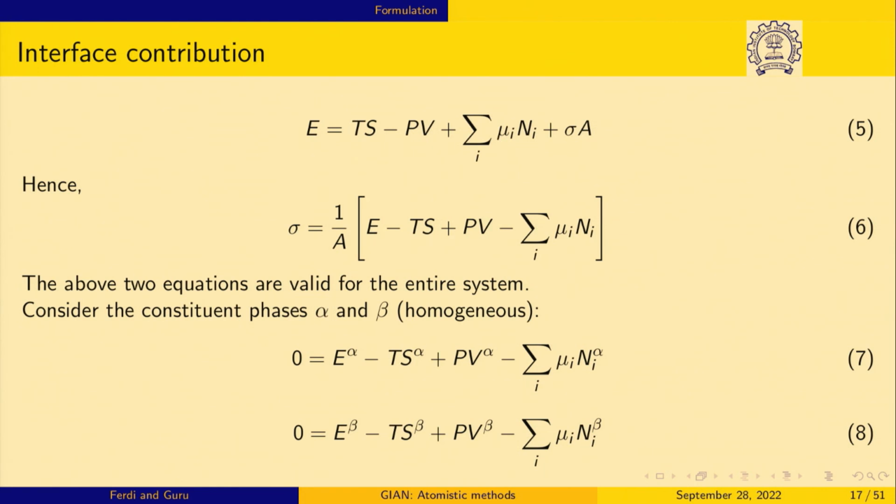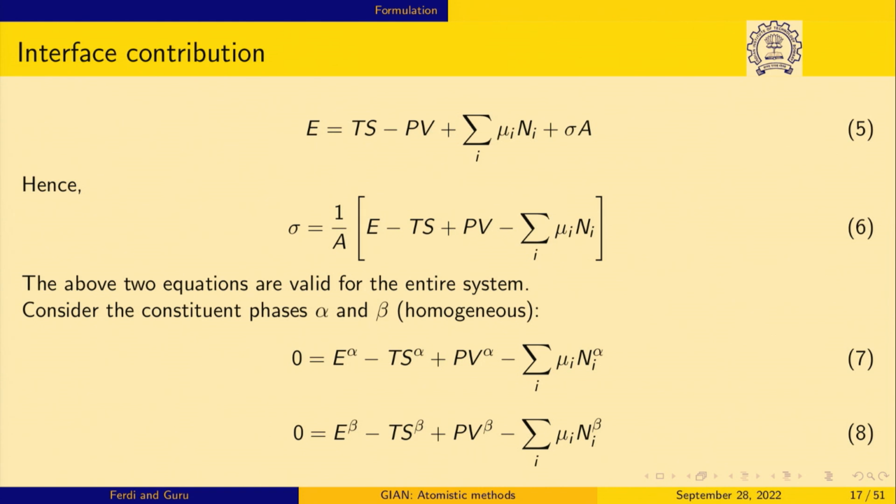So, these two equations that we have written, the energy which you integrated and got, and the sigma defined as the difference, are valid for the entire system, right. This is valid for the system in which we have alpha, beta and an interface. Okay. That is how the sigma is there. If there is no interface, that will not be there.